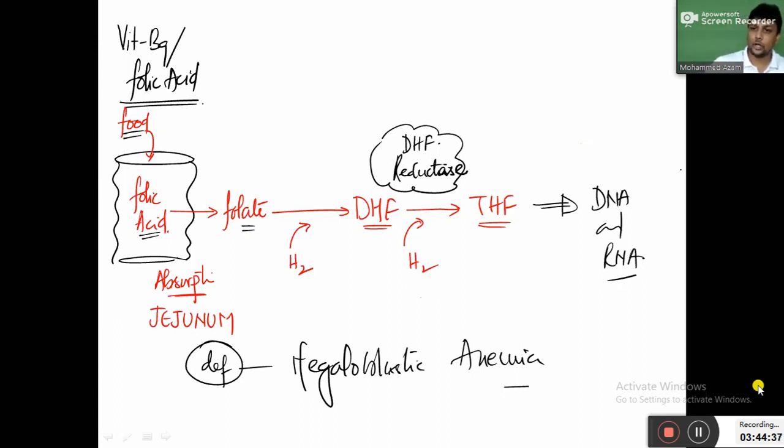Now once you are done with all the vitamin B complex, the last and final one that we need to learn is vitamin C, ascorbic acid.